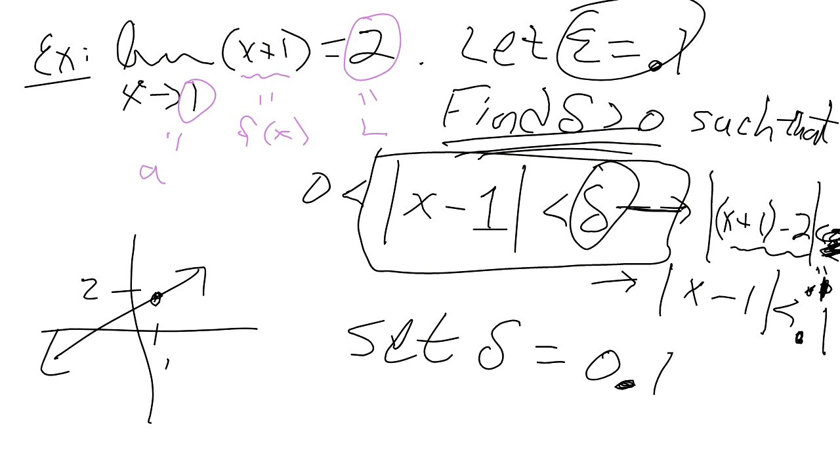So this would be 1.9 to 2.1, and the biggest reverse mapping back would be 0.1 above and below, so 0.9 to 1.1. Basically every single x value in here would map inside that epsilon window that was given.